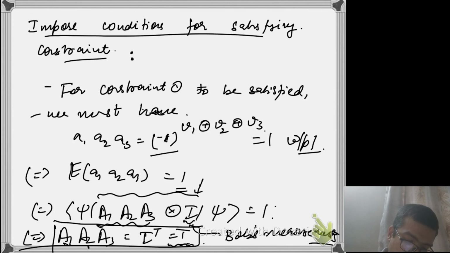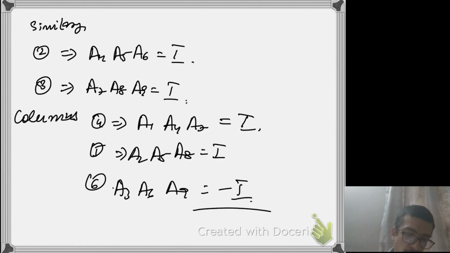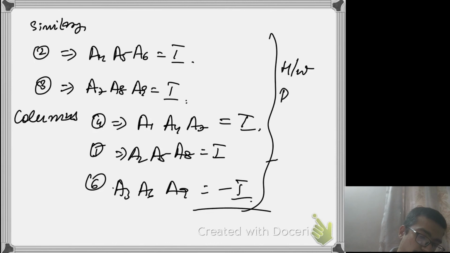So here I am going to get psi, minus A3 A6 A9 tensor I, psi, which equals 1, right? Because A3 A6 A9 tensor I when sandwiched between ket psi and bra psi will give me minus 1. So here actually minus A3 A6 A9 should be identity transpose. You should work out the details. This is actually homework to prove this thing.